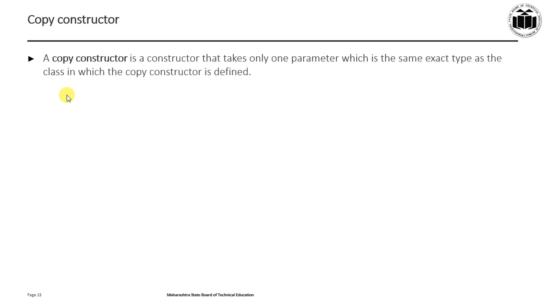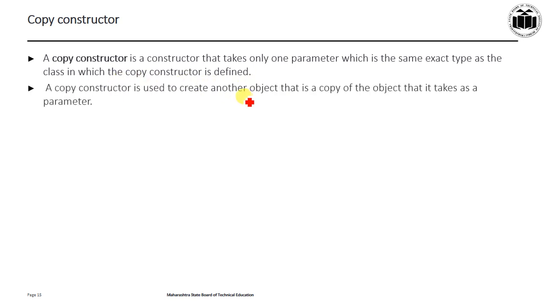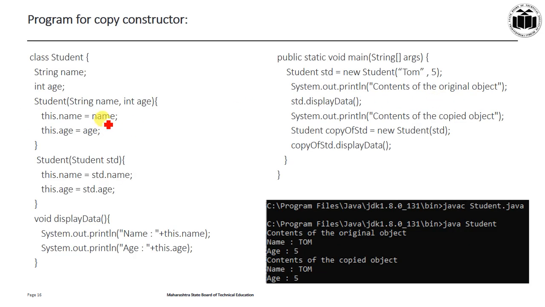Now the next is copy constructor. A copy constructor is a constructor that takes only one parameter which is the same exact type as the class in which the copy constructor is defined. Copy constructor is used to create another object that is a copy of the object that it takes as a parameter. So here is the program for copy constructor.